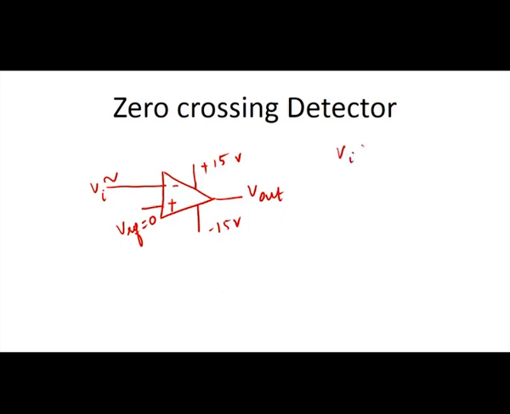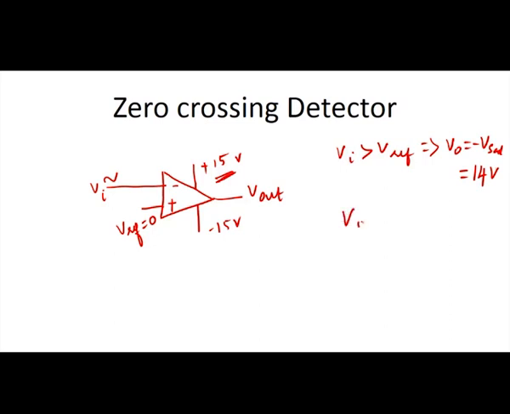Say Vi is greater than V reference, where Vi is given to the negative terminal. Then the output will be equal to minus V saturation, and V saturation is nothing but the supply voltage given, maybe approximately 1 volt less than the supply voltage.